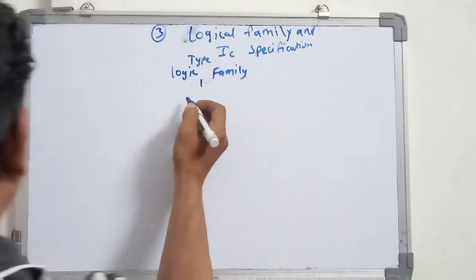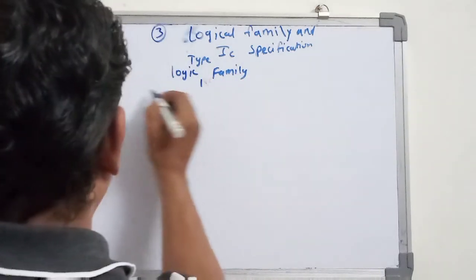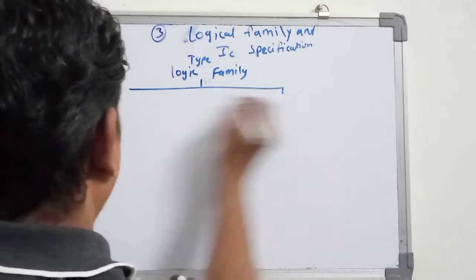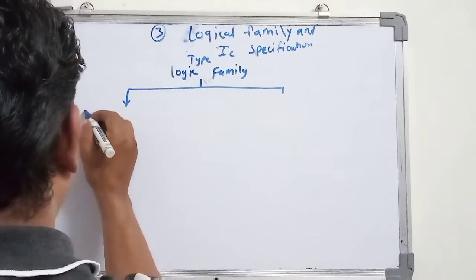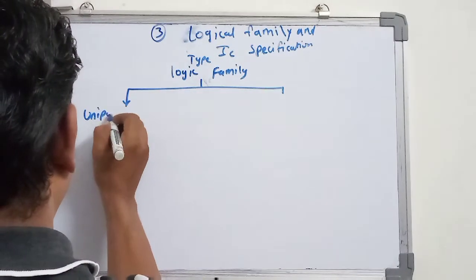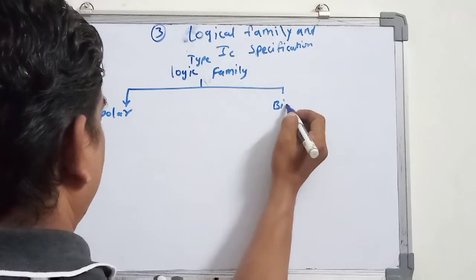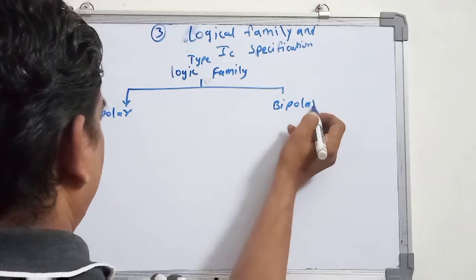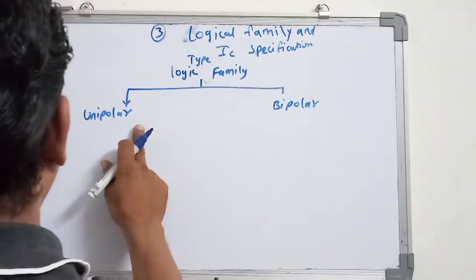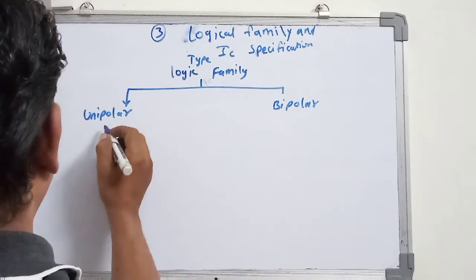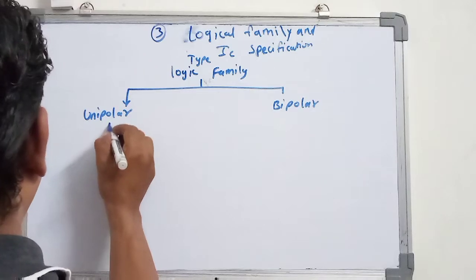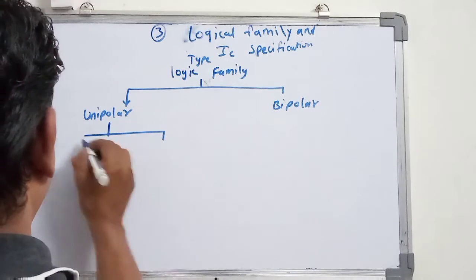This logic family has been classified into two types. First is the unipolar, second is the bipolar. This unipolar has been again classified into the three types.